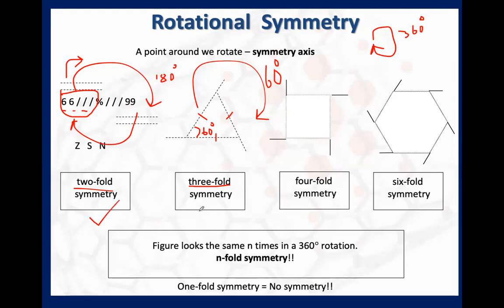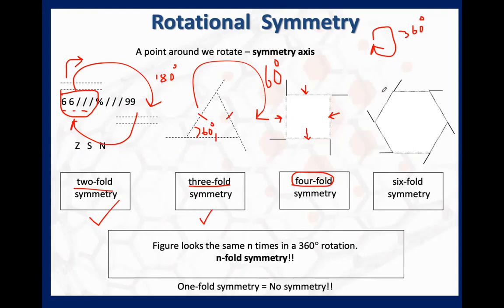If you see three times, you call it three-fold symmetry. In a square, you have four similar sides and 90 degrees in between, so you should have four-fold symmetry. That means each 90 degrees you will have the same appearance.